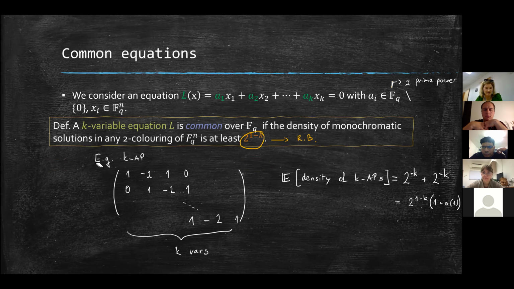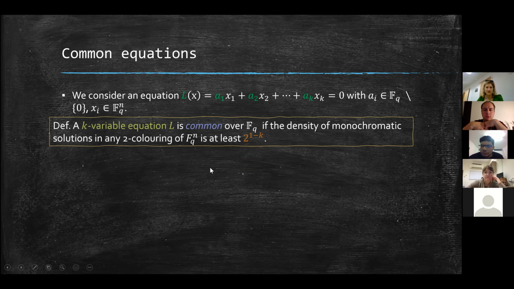I rushed ahead of myself and showed you all the definitions for systems of equations before, when I should have just talked about single equations. But anyway, I meant to tell you the result about single equations first, and then we'll go back to systems of equations. Sorry about that.